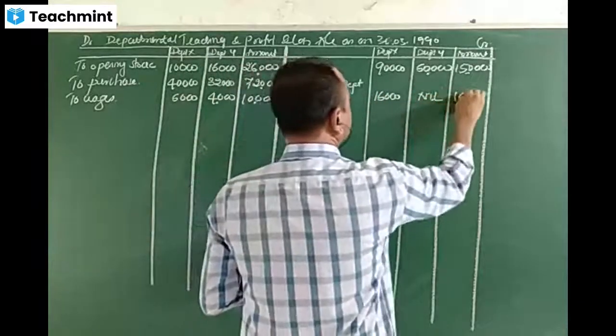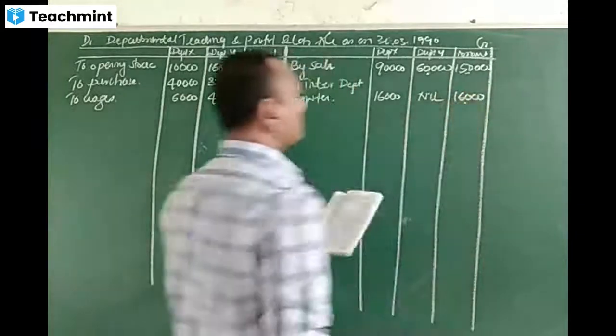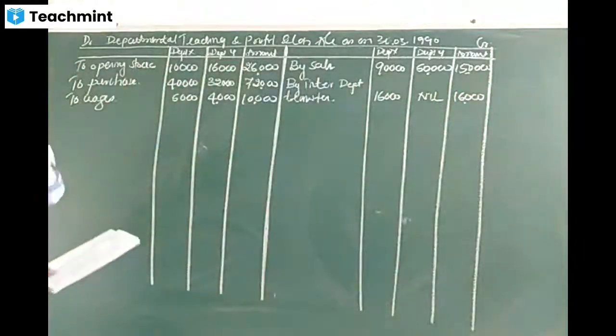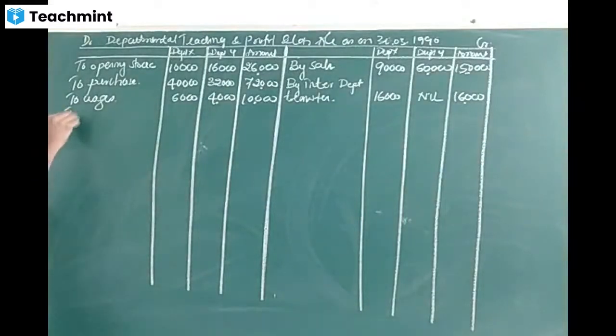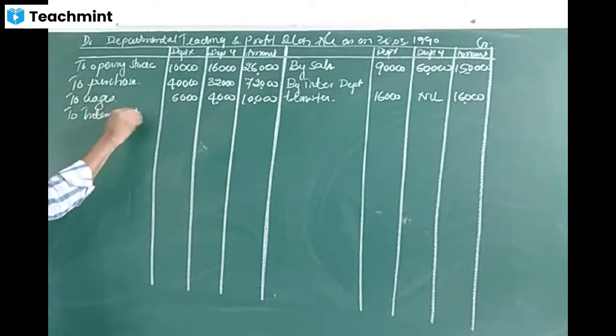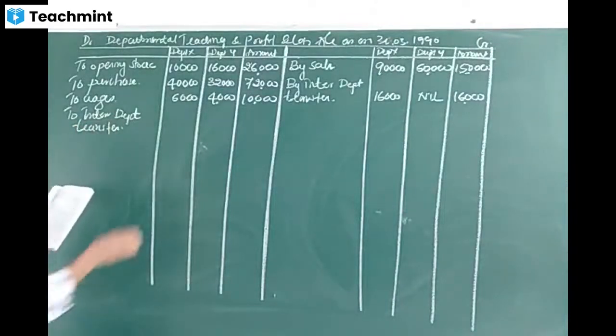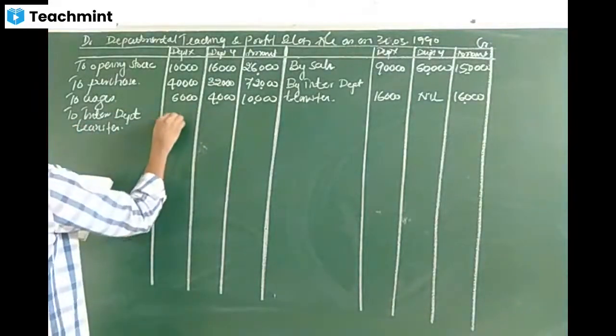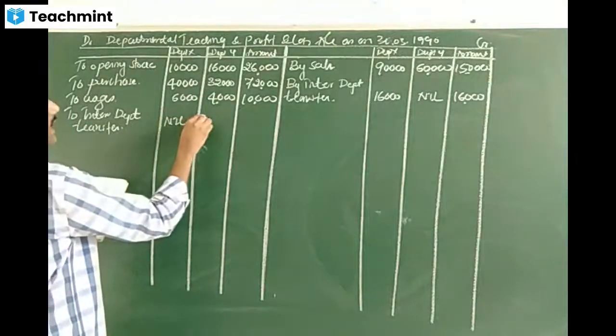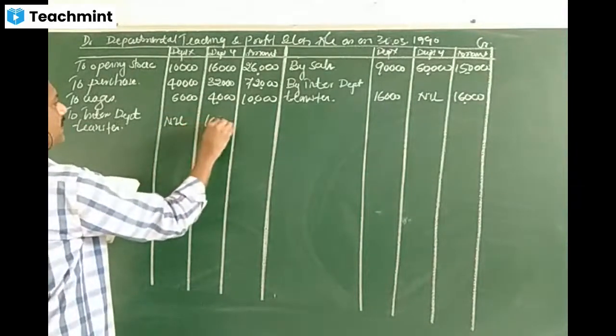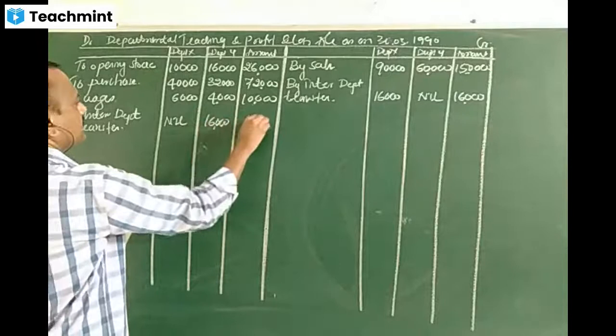For the total column also we have to make entry of 16,000 to inter-departmental transfer. Here we have to debit for Y 16,000.